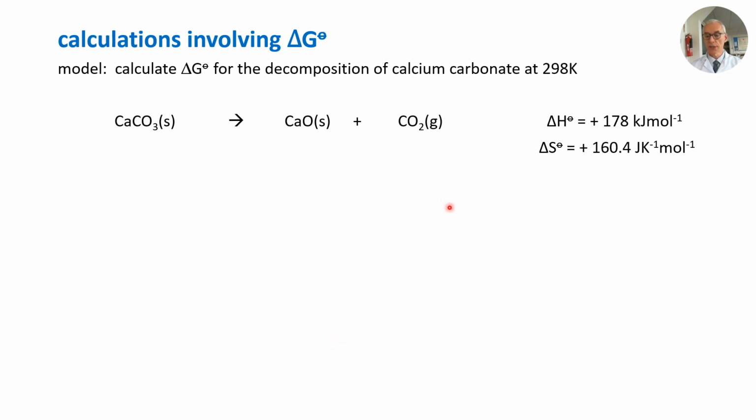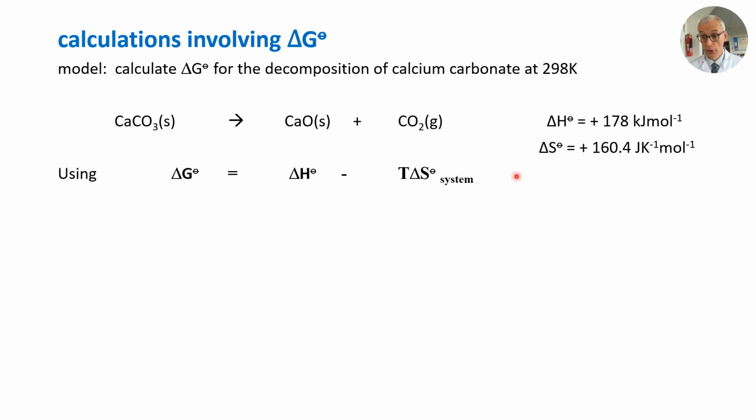So let me take you through a model calculation. Calculate the change in Gibbs free energy for the decomposition of calcium carbonate at 298 Kelvin. So I need the equation to start with. I'm supplied with the enthalpy change, delta H equals plus 178, and I'm supplied with the entropy change on this occasion.